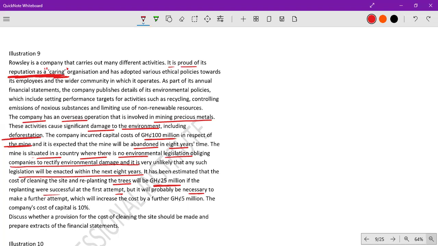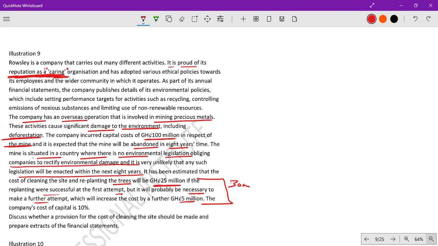So what would be the value of the provision that should be recognized? It should be 30 million, because they are saying that there is a further attempt, which will increase the cost by a further 5 million. So the total environmental provision to be recognized should be 30 million.